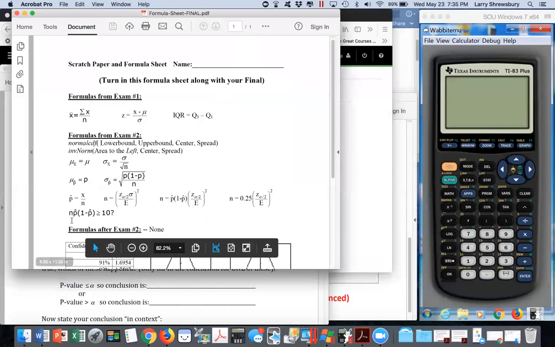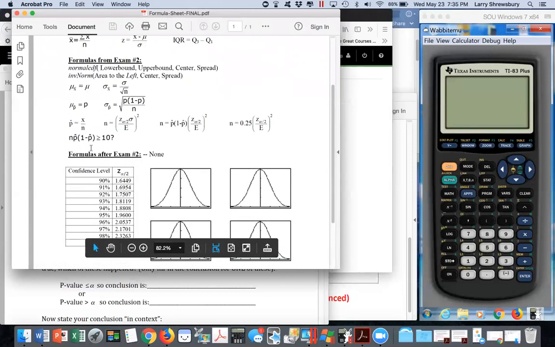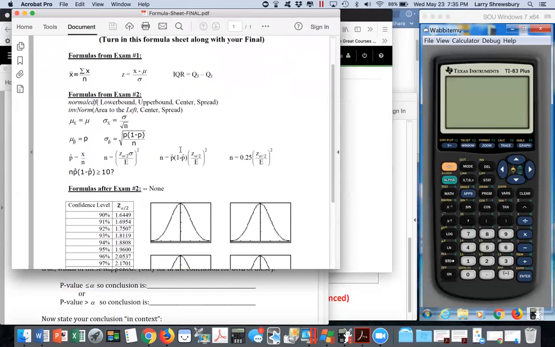And there's that little test right there. By the way, so you can see what the formula sheet's going to look like on the final exam. Formulas from the first midterm. Then, of course, what you see here. And formulas after exam 2, there aren't any because all we're doing is using the built-in functions on our handy little calculator. But anyway, it's got to pass this test in order for the conditions to be met for binary data.